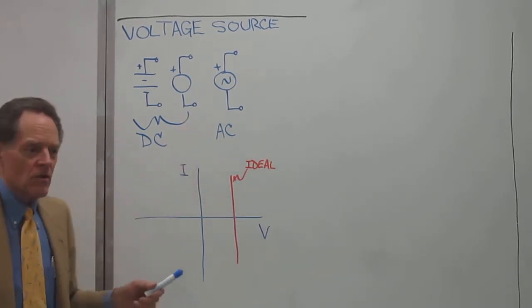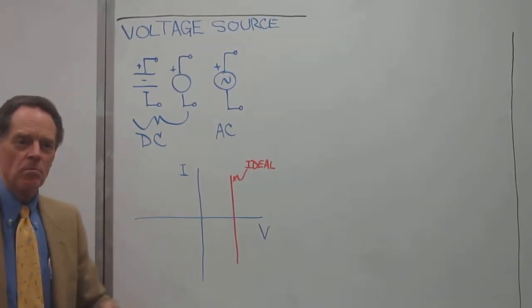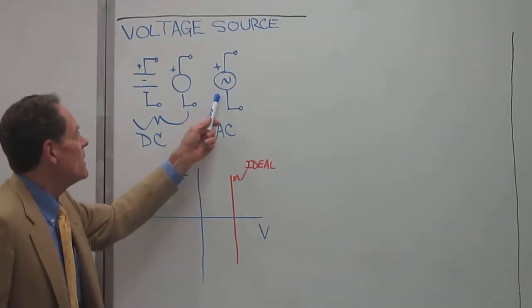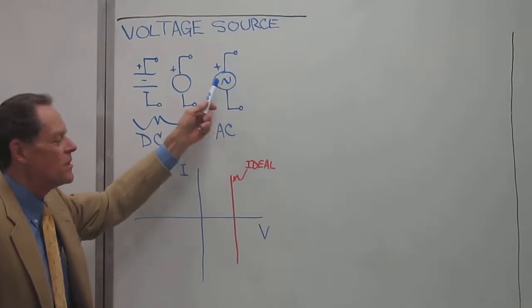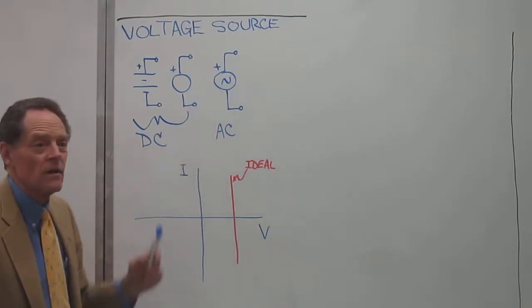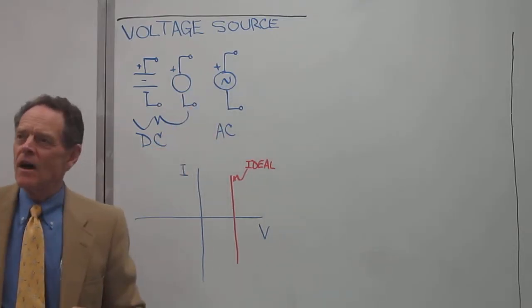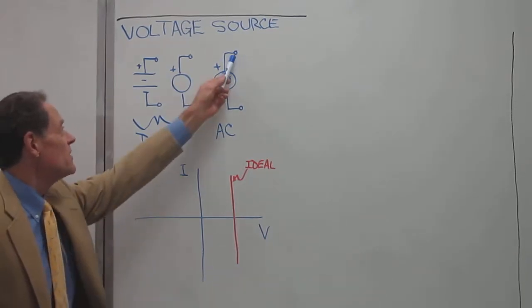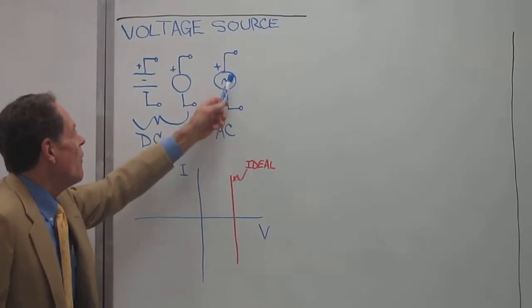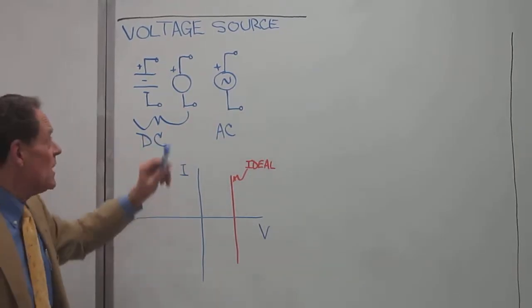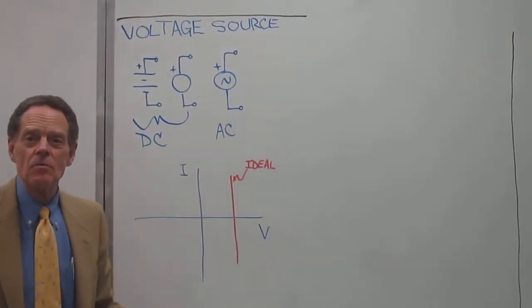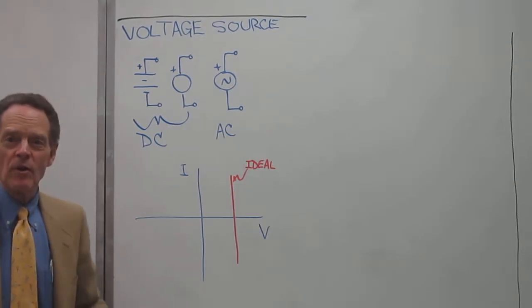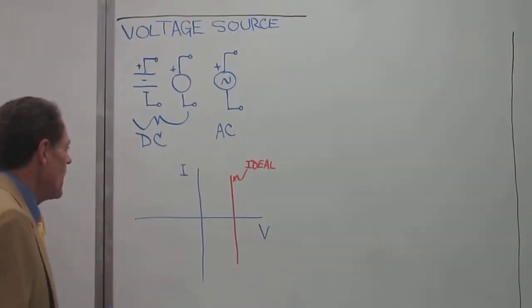For alternating current, such as what you get when you plug into the wall, the symbol looks like this, with a little squiggle inside that's supposed to approximate a sine wave. So that's what you're going to see. And again, voltage sources do not have to be connected to anything for them to operate as voltage sources.